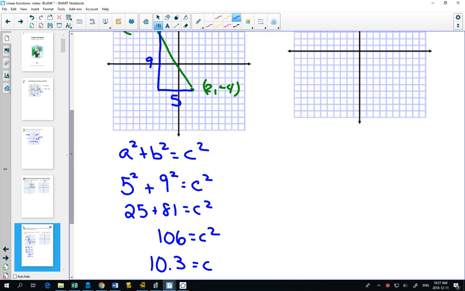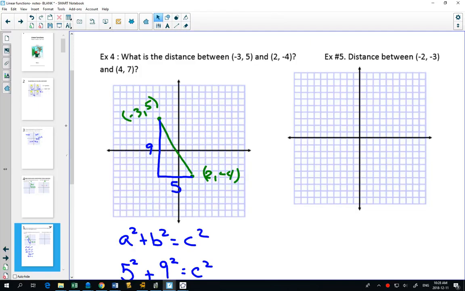So I'd like you to try the second one. Again, sketch your own graph, label the points, draw the triangle and figure out the distance on the second one. Again, I'll give you a 30-second head start. Negative 2, negative 3. 4 comma 7.